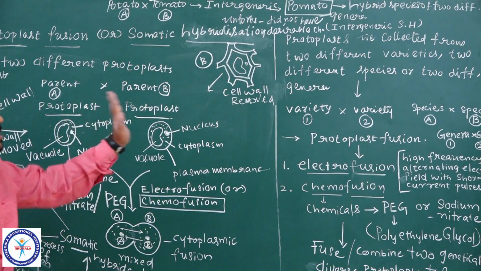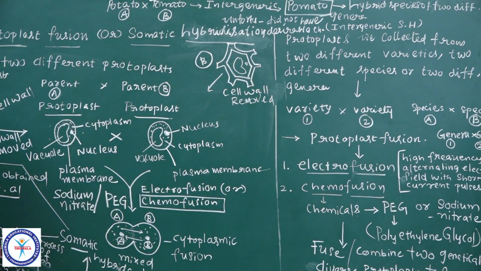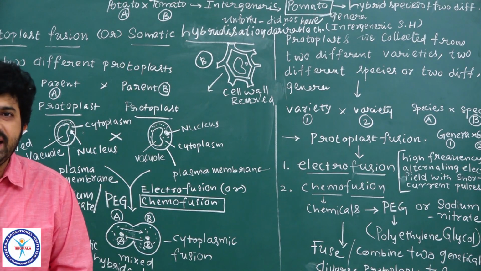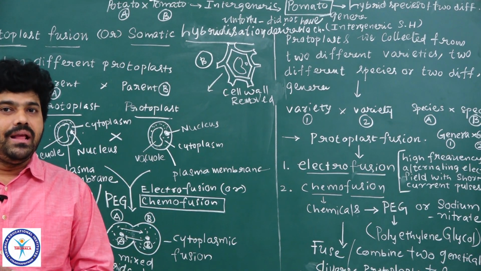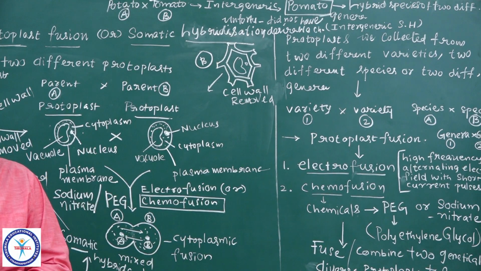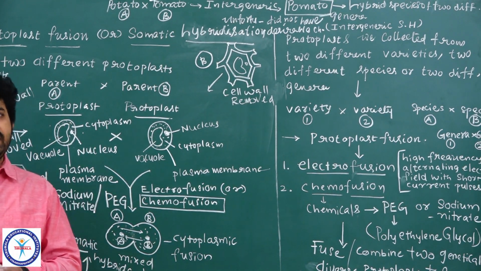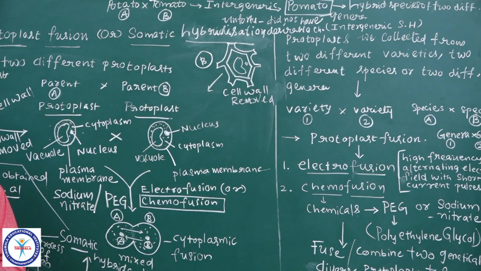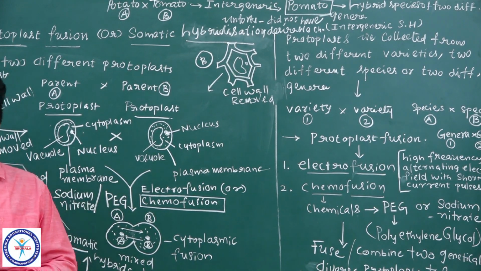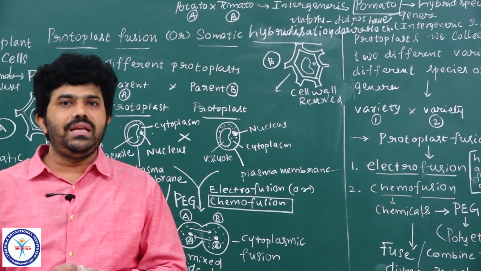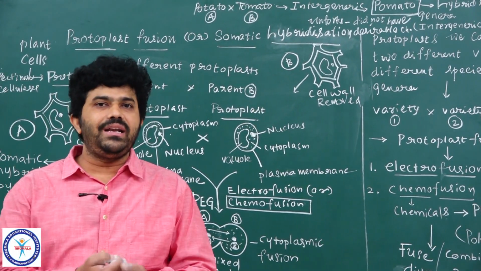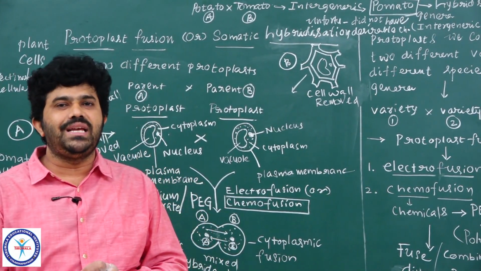So dear students, finally what we understand is that all these techniques are very useful for increasing plant number. When the number of plants with desirable characters increases, food production increases. If food production increases, scarcity of food, hunger and malnutrition reduce.